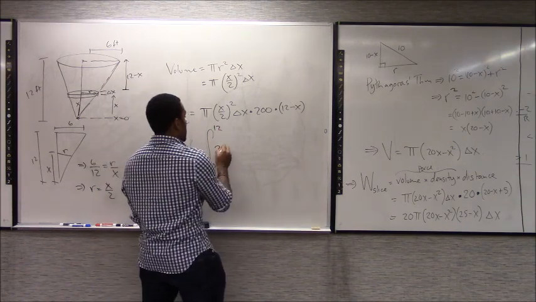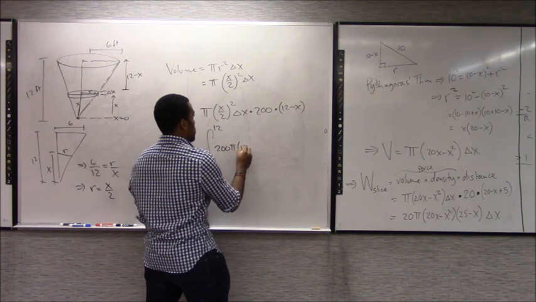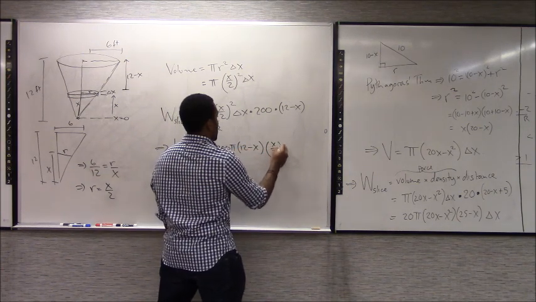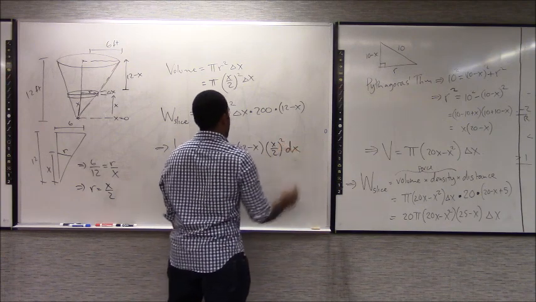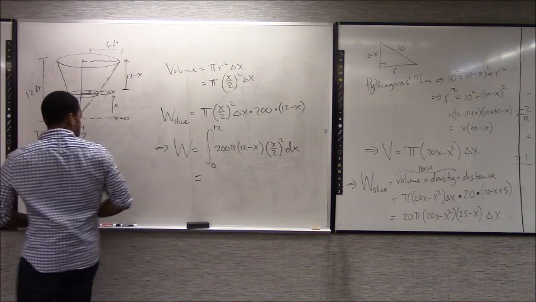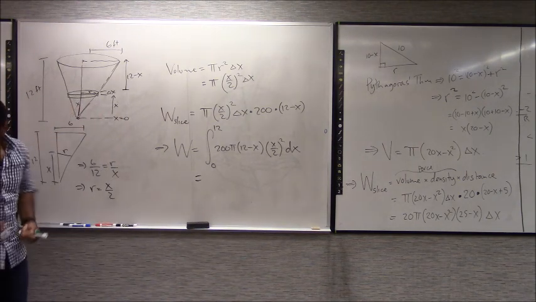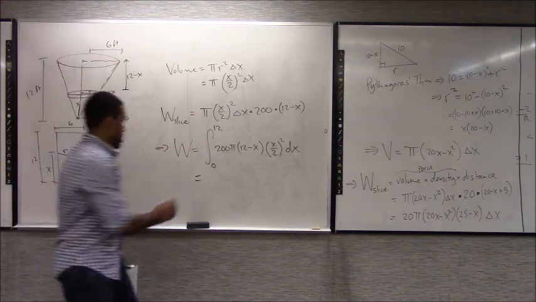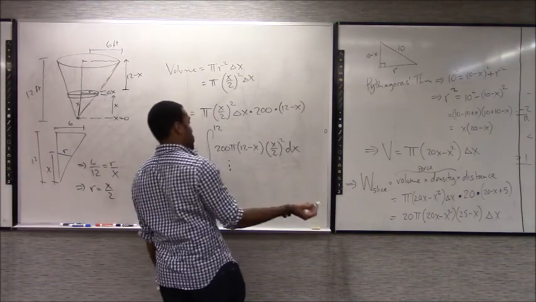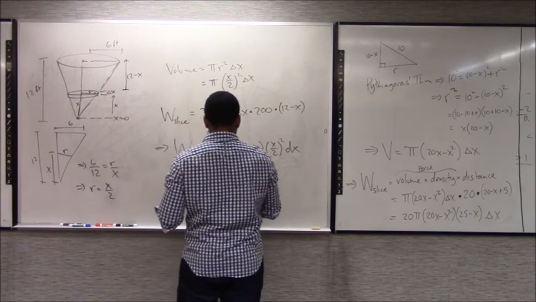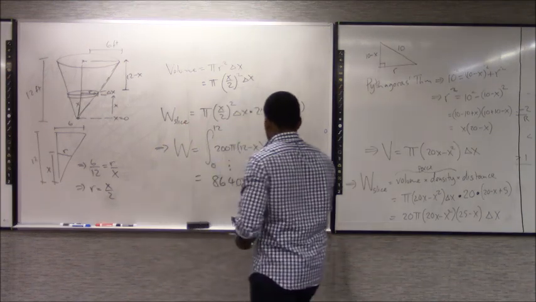So it's going to be 200 pi times 12 minus x times x over 2 squared. And what did you ultimately get? 86,400 pi foot-pounds. Yeah, that's what I thought. So I'm assuming everyone would know how to do that, so the result would be 86,400 pi foot-pounds.